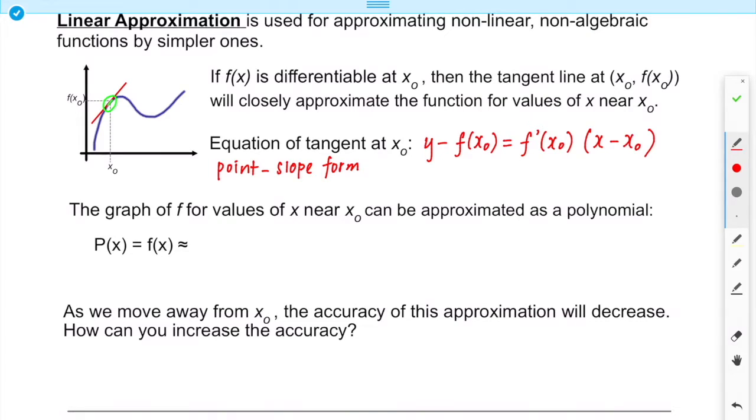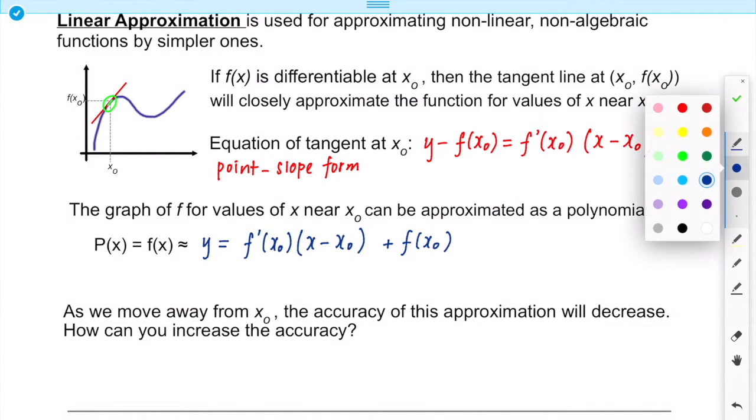If I rearrange this equation to isolate for y, then if I want to use a line to approximate this particular section of the function, then I can say that the polynomial can be written as y equals f prime of x0 times x minus x0, the original right side of the linear equation, plus f of x0.